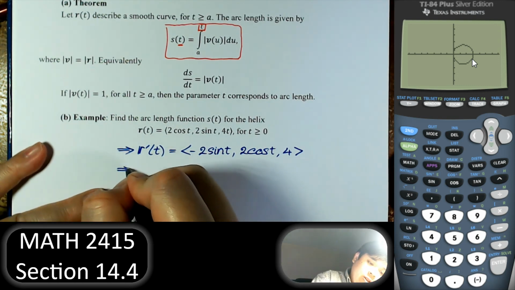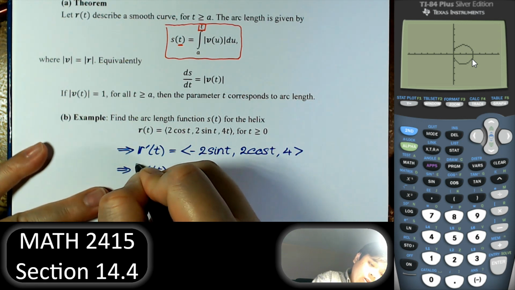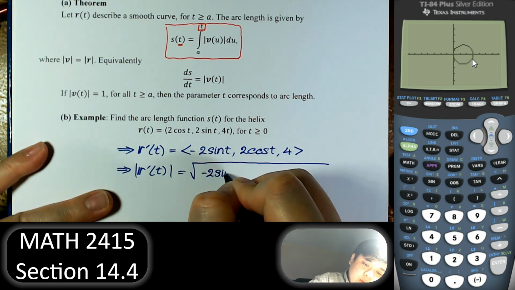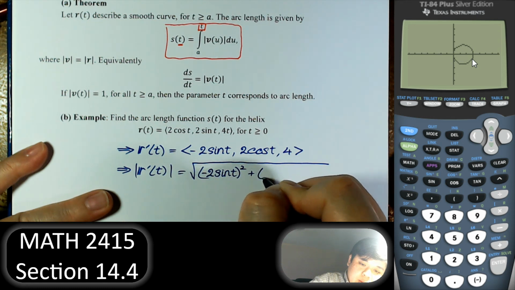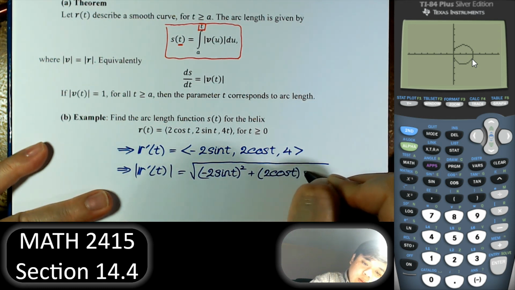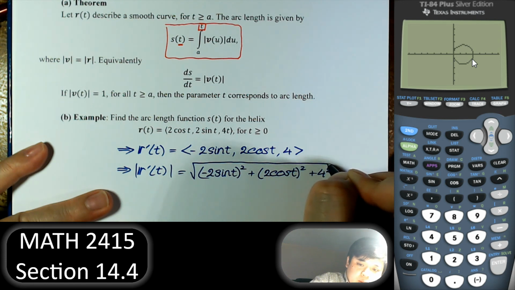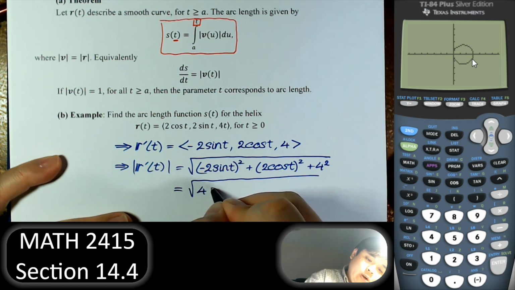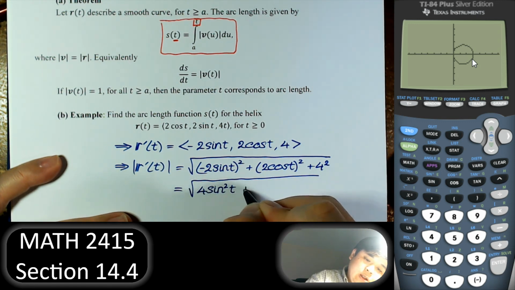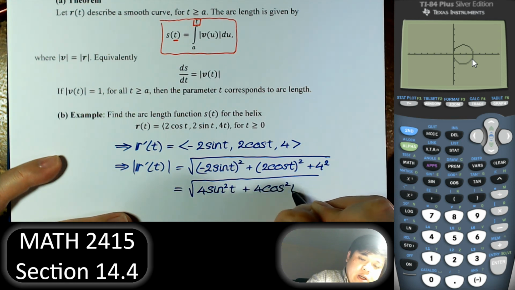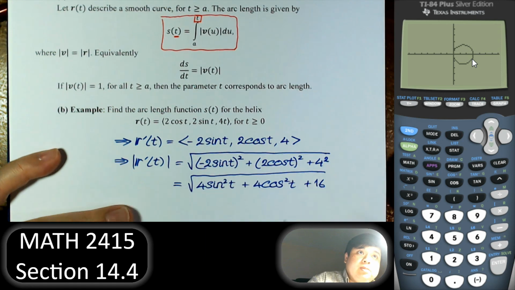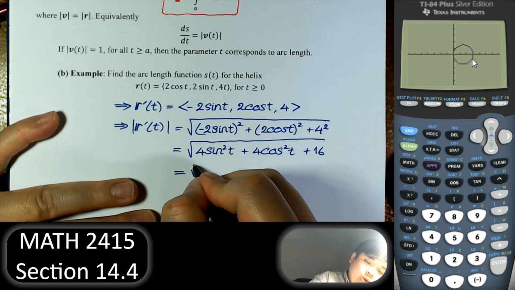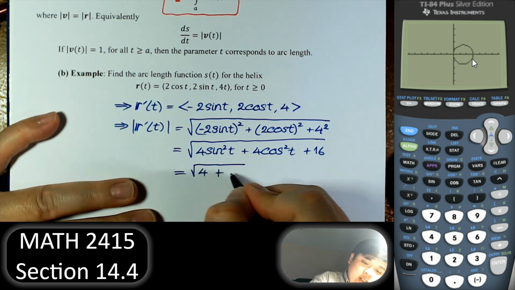And then the magnitude: 4 sine squared, 4 cosine squared, and 16. So sine squared plus cosine squared is 1, factor out the 4, so we have just 4 and then 16, which is square root of 20.